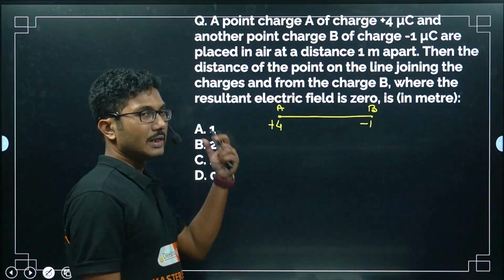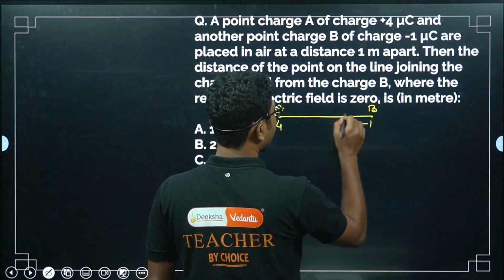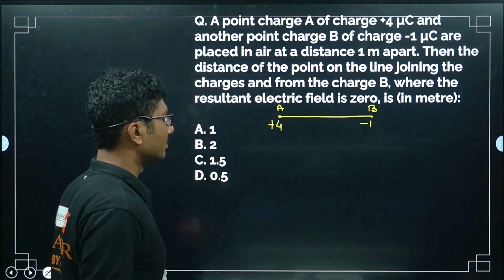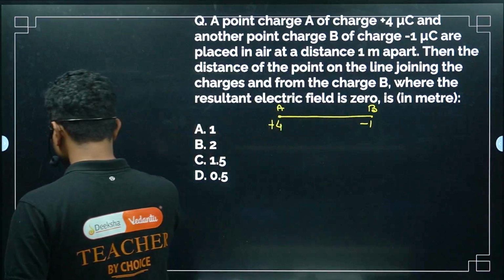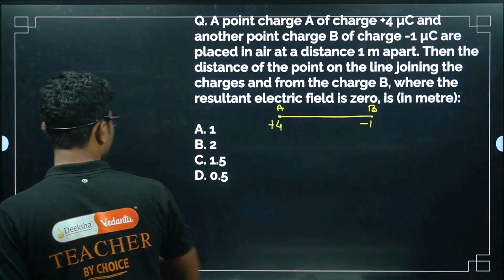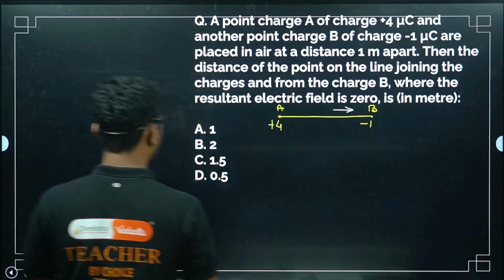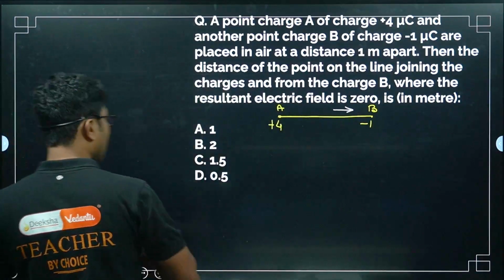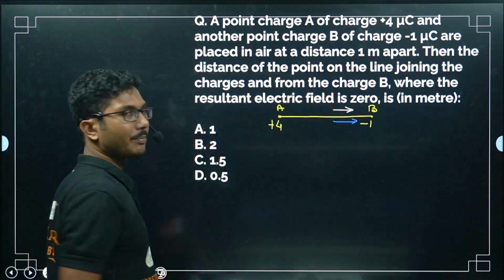Remember that a null point in between the charges is not possible, because the electric field due to A is directed away from A, and the electric field due to B is towards B, so both will add up.